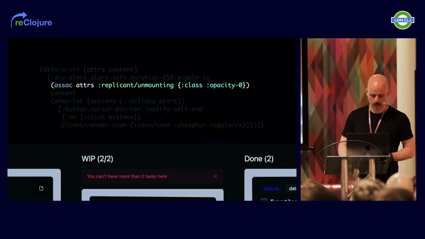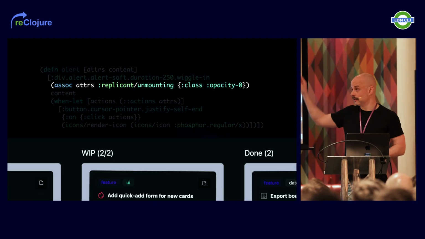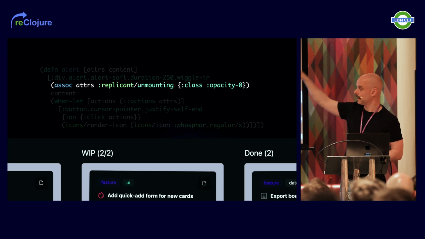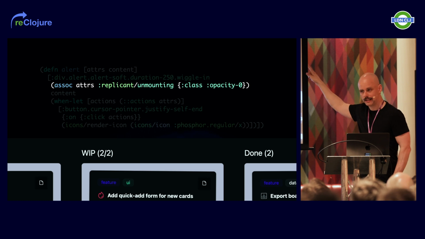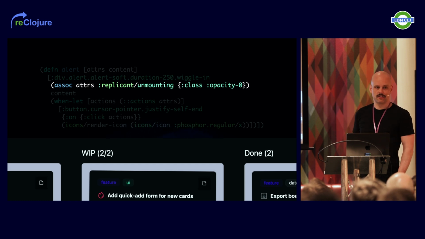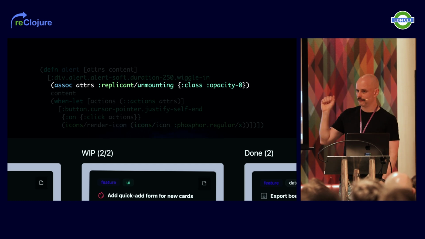And there's a similar one for mounting, so you can trigger transitions as you put things into the DOM. So in this case, because the alert class on the element has a transition for opacity, and my unmounting attributes sets the opacity 0 Tailwind class, that triggers the transition, Replicant waits for it, the thing fades out.